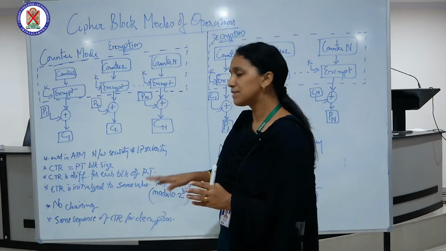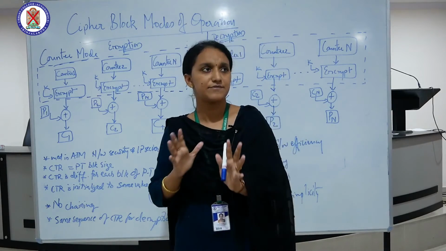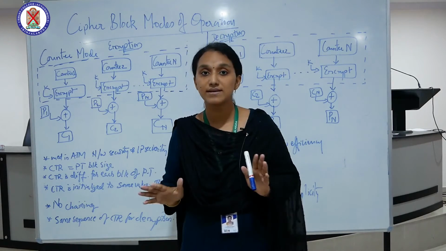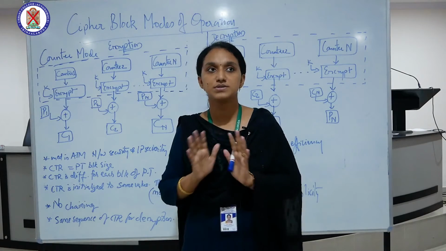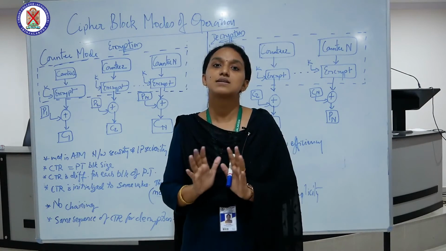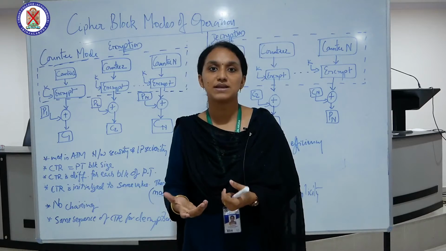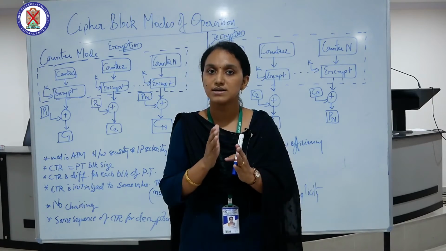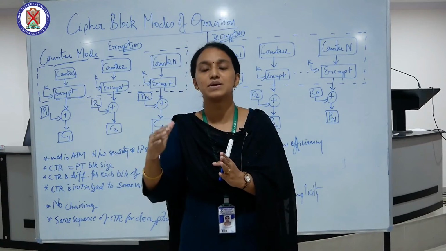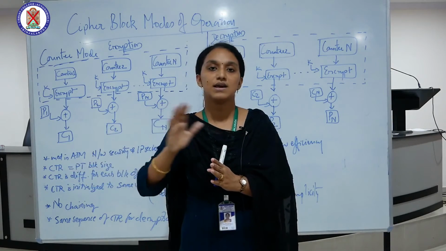Clear? And a very important point: there is no chaining here. What do you mean by chaining? The output of one block becomes, in some way, the input to the other block. Nothing like that is happening.